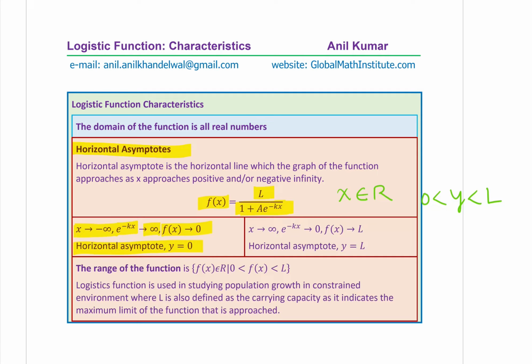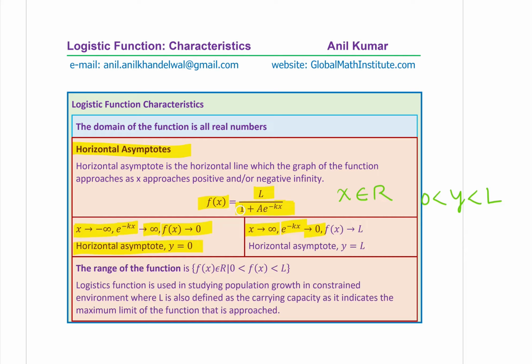Okay, now let us check the second scenario. When x is approaching positive infinity, e to the power of minus kx is going to approach 0, right? And so this term, a times e to the power of minus kx, will also approach 0.